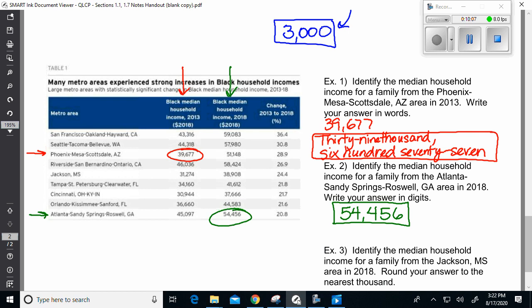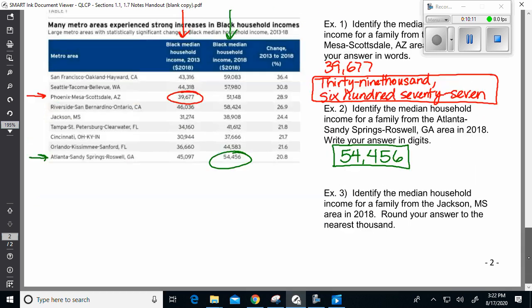Example 3. Identify the median household income for a family from the Jackson, Mississippi area in 2018. Round your answer to the nearest thousand. So we're looking at 2018, Jackson, Mississippi area. That's 38,908. We're rounding to the nearest thousand, so the thousandth place is where the 8 is located.